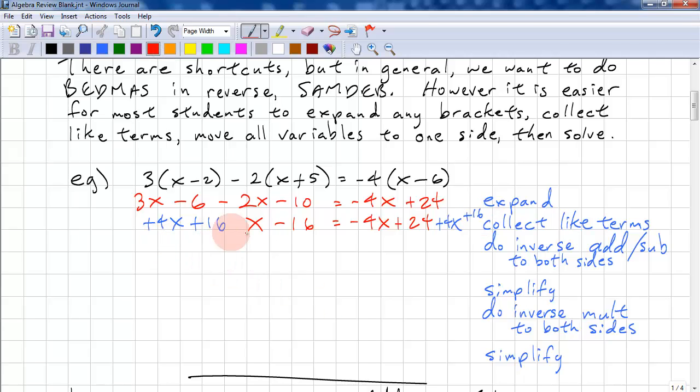And then we simplify. 4x plus x, that's 5x. The plus 16 and minus 16 cancel out. The negative 4x plus 4x cancel out, and 20 plus 16 is 40. We divide both sides by 5. And then we simplify. X equals 8.